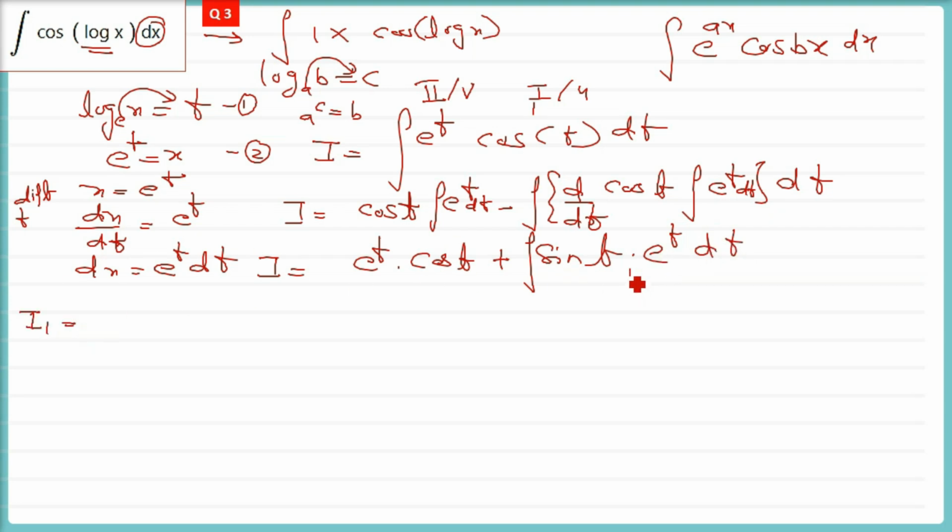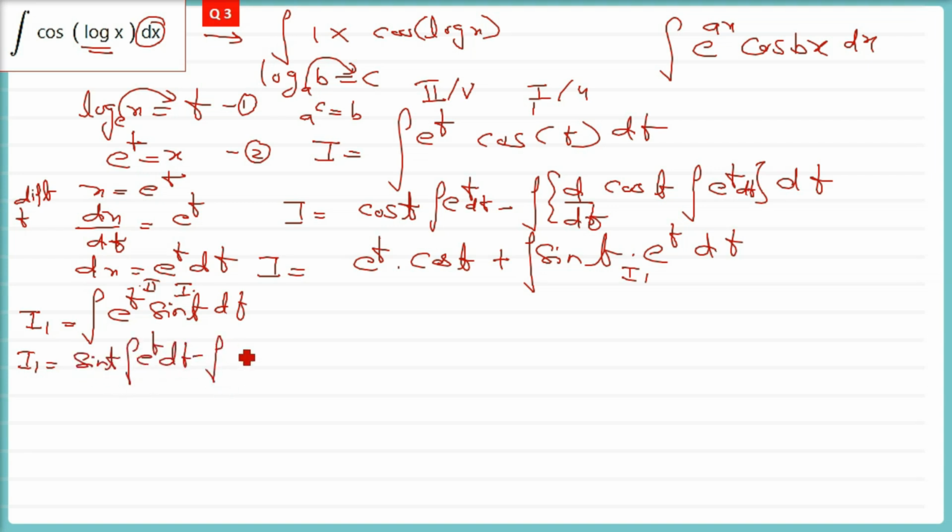Call this I1, because we will do this I1 separately and then replace it. So I1 is a separate thing which we are doing. The first function will be sin t, and the second function will be e raised t. This will be sin t times the integration of e raised t dt, minus the integration of d by dt of sin t times the integration of e raised t, with respect to dt, and this final term will again be integrated.